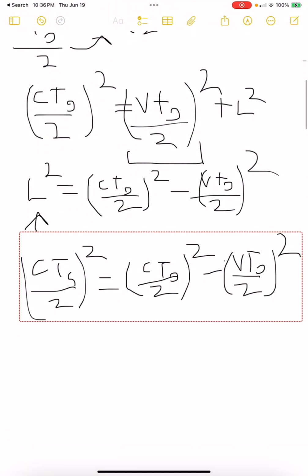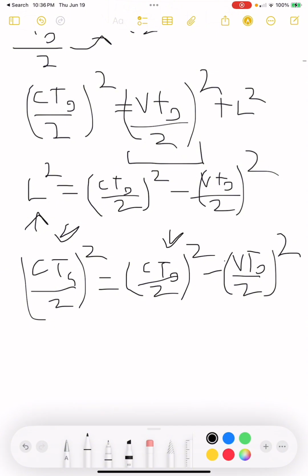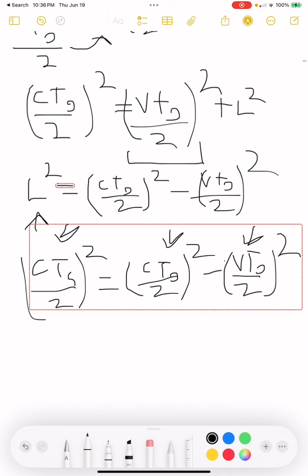Now, the great thing is we have t of s here and we have t of 0 over here. So right now we're already relating our time to the Earth time.